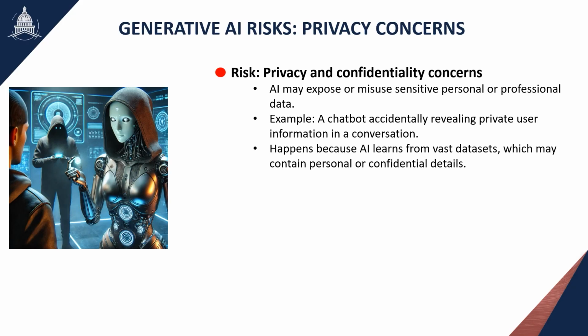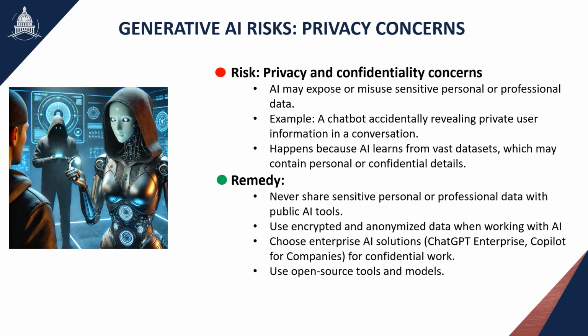So, how can we protect our privacy? First, never share sensitive data with public AI tools like free versions of ChatGPT, Gemini, or Copilot. Organizations should use encryption and data anonymization to protect user information. Use secure enterprise versions. For instance, with your every account, you can use Copilot in a safe and secure way.